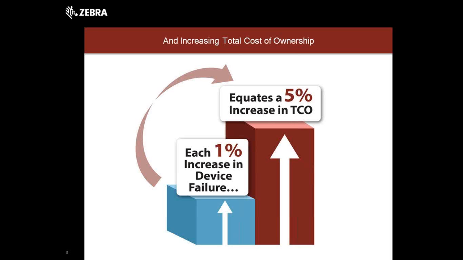So each 1% increase in device failure rate results in a 5% increase in the total cost of ownership. And this increase is impacted by several things: worker downtime, lost productivity, shipping costs, maintenance costs, spare pools that you have to maintain to account for this, and so on.